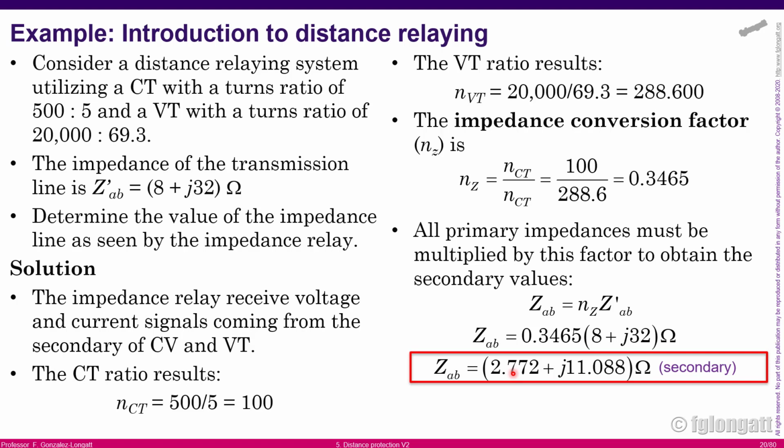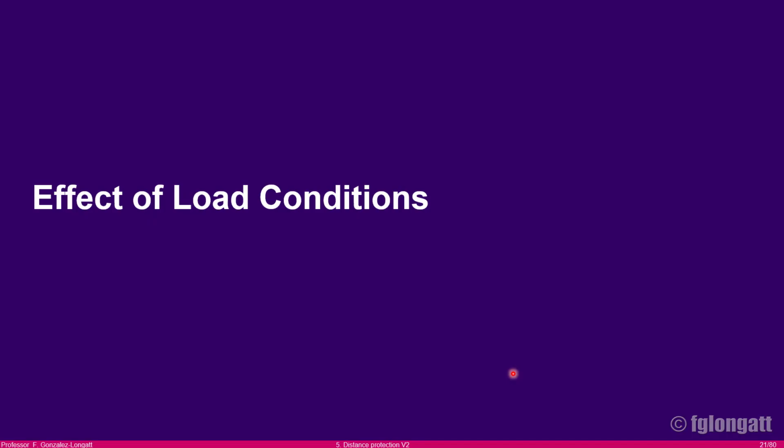What you can see is that those transformers, because of the transformer ratio, are reducing the impedance from the transmission side to the relay side. For more discussion about the connections and more complicated cases, depending on the connection of the current transformer and voltage transformer, go to my class about CT and VT.